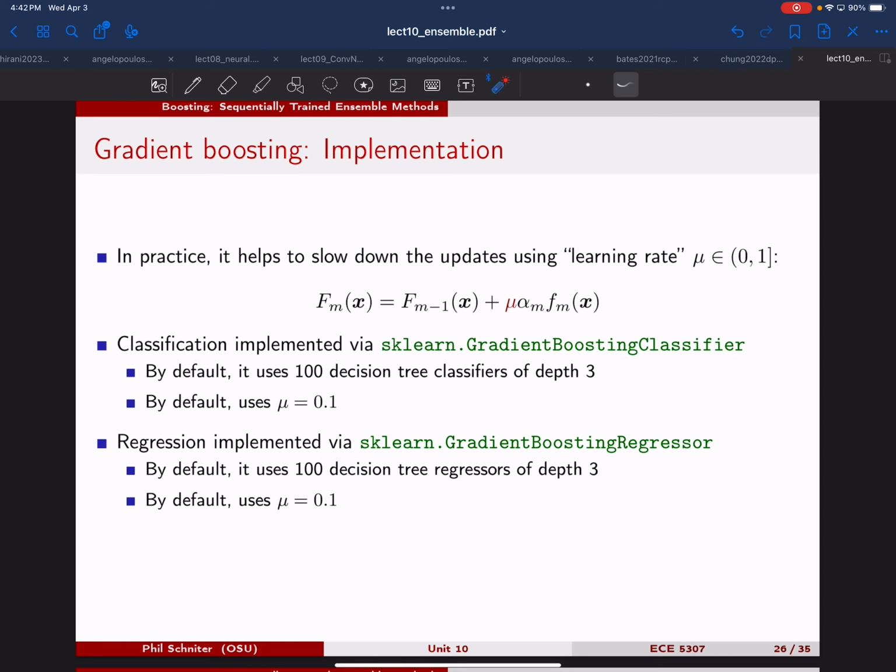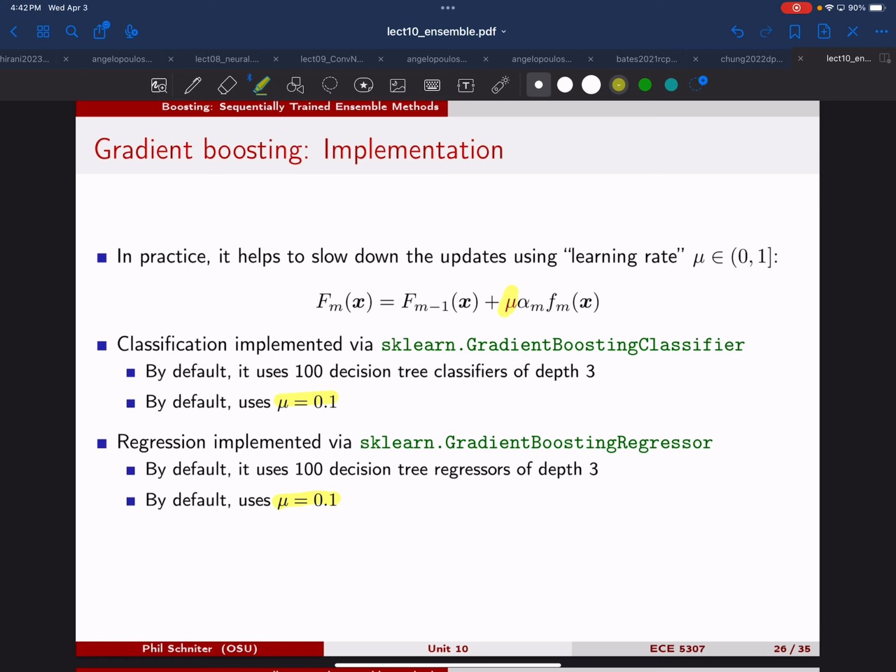So in practice, people have found that it helps to modify that procedure a little bit. Even though we worked hard to get the exact best value of alpha M, it works better if you slow down these updates a bit. You multiply by some mu. It's kind of like a learning rate in gradient descent. By default, sklearn uses mu equals 0.1 for both its gradient boosting classifier and regressor.